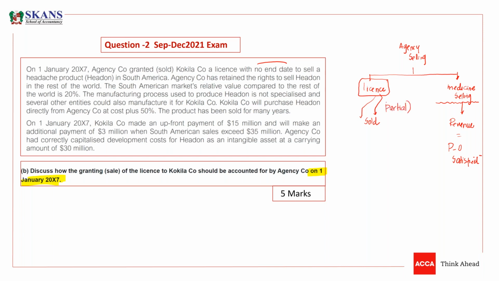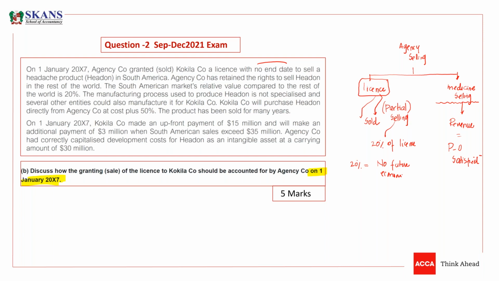We retained 80%. So this is partial selling, a partial disposal. So what we need to do is de-recognize 20% of the license. Why 20% of the license? Because that 20% is not going to give us any benefit. No future economic benefits expected.